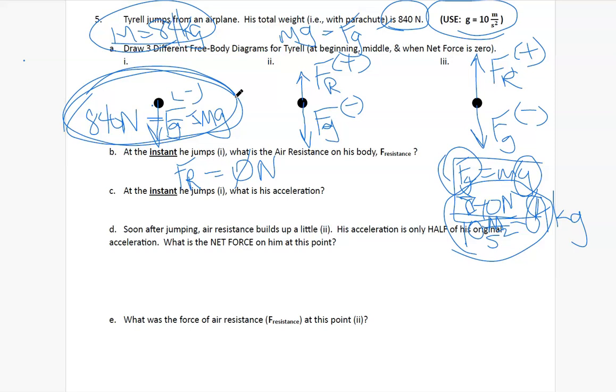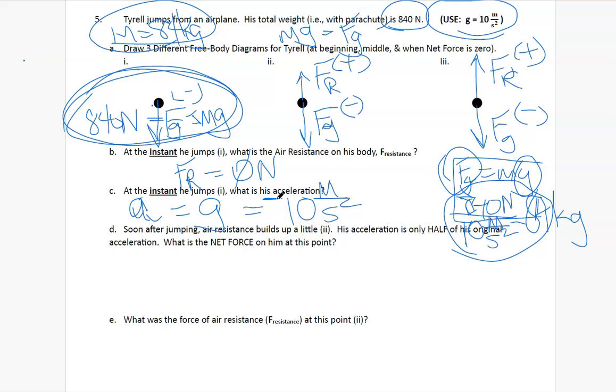Remember, free fall is when gravity is the only force on you, and therefore the only acceleration that you will experience is g. So his acceleration at this point is simply g, which we're rounding to 10 meters per second squared. And now we have to point out that it's in the downward direction by showing a negative sign. So that's his acceleration at this point.